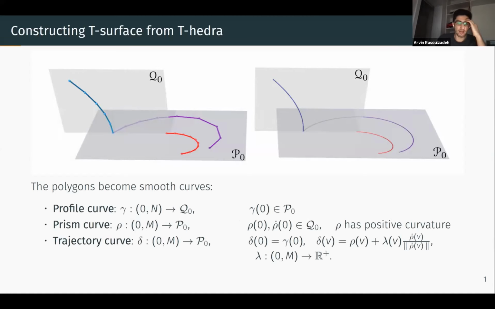As Jonas mentioned, in close analogy to the discrete differential geometry, the discrete T-hedra, these surfaces are characterized by the profile curve, the prism curve, and the trajectory curve.